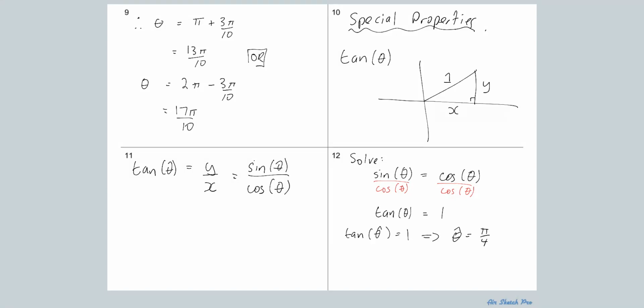So if you're looking for theta between 0 and 2 pi, I'll do this really quickly without any assumption that you'll get it straight up. But looking at my CAST diagram, that means theta must be here, or it must be here, because that's where tan is positive. Okay, so therefore, theta must be pi plus pi on 4, so that's 5 pi on 4, or it must be pi on 4.